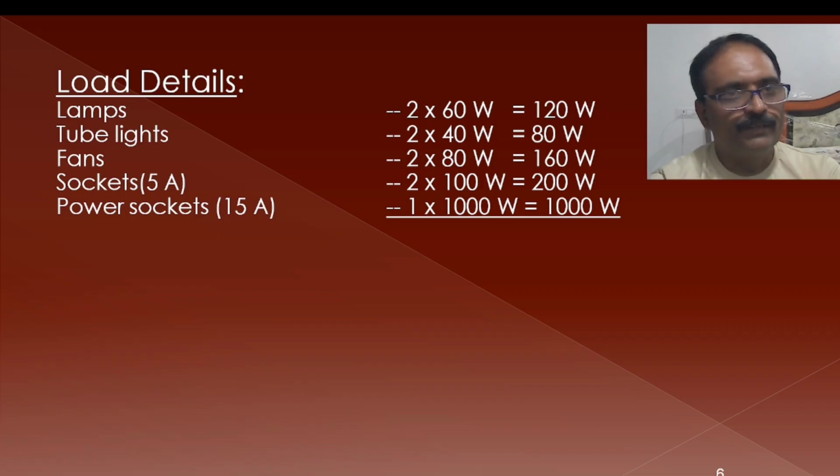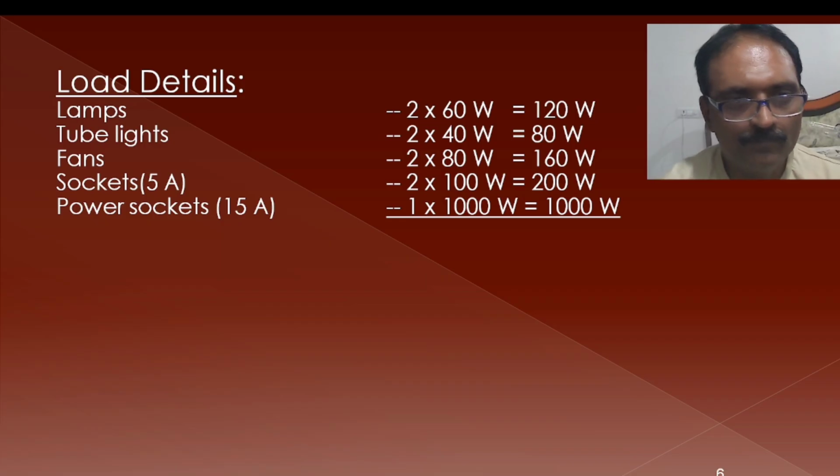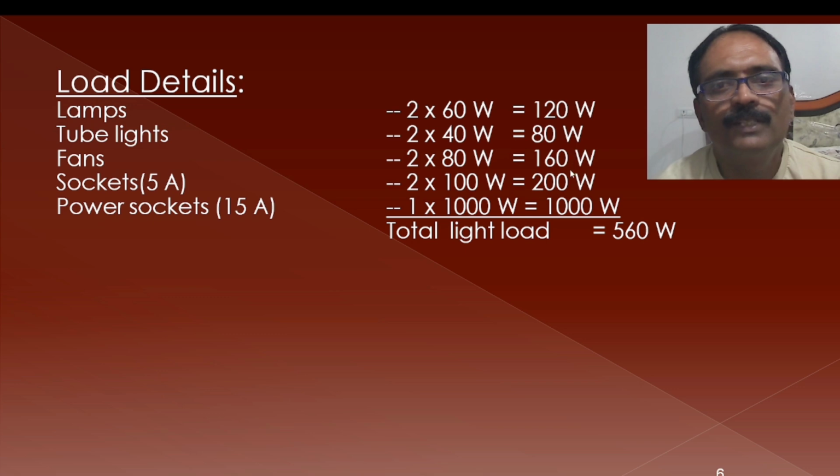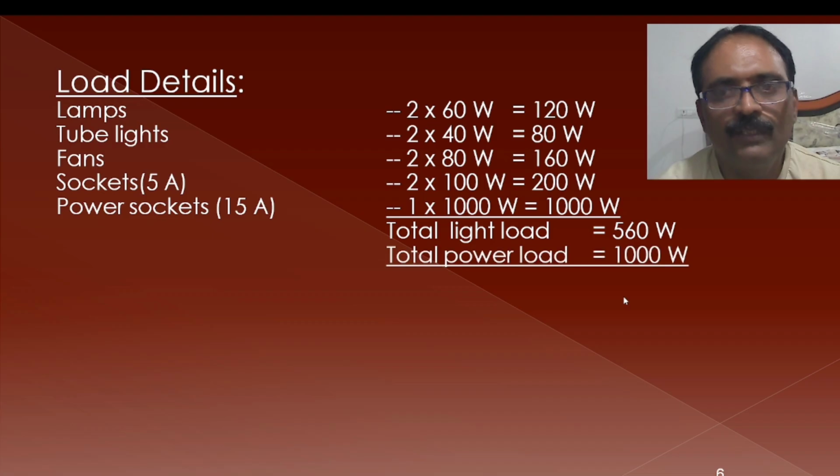The power socket is 15 amperes, one is there, and the capacity we considered is 1000 watts. When you add all these powers, we get the total load. The light load will be 560 watts, so 120, 80, 200, 360 plus 200, 560 watts for the total light load, and the power load is 1000 watts.